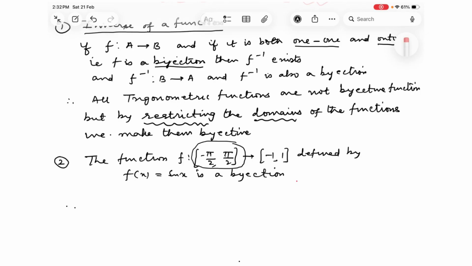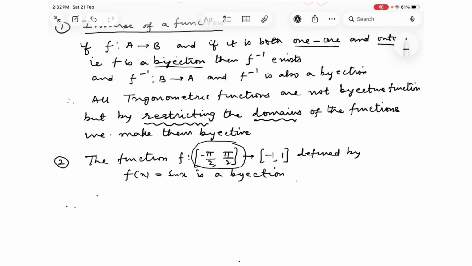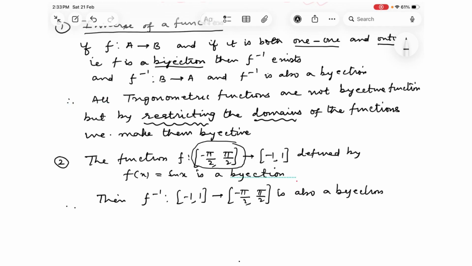Then f inverse from minus 1 to plus 1 to the closed interval minus pi by 2 to pi by 2 is also a bijection. If the domain is restricted, then it becomes a bijection.